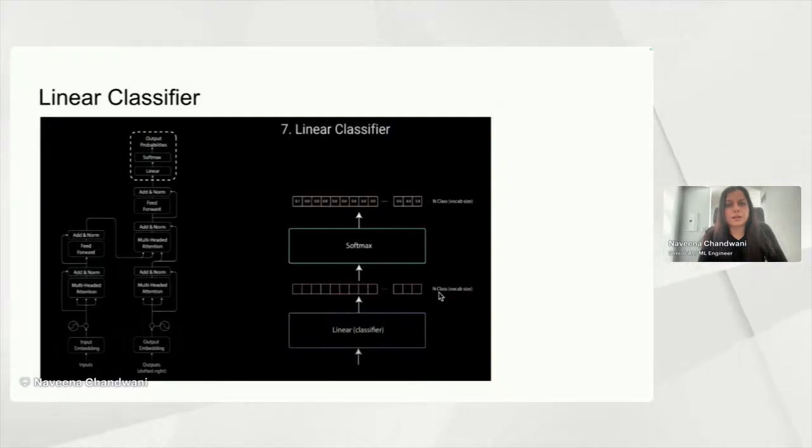The output words that could be generated will be equal to the vocab size. I have a vocabulary and I output the most probable next token from that, representing each of those vocab words as one class. So this becomes a multi-class problem, with each class represented by a neuron which gives a raw score.